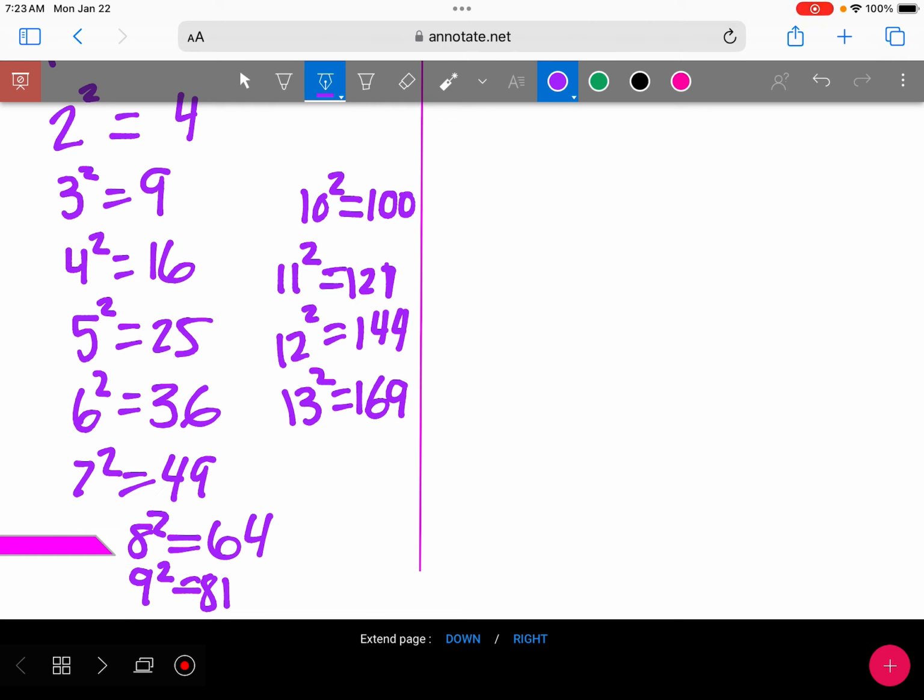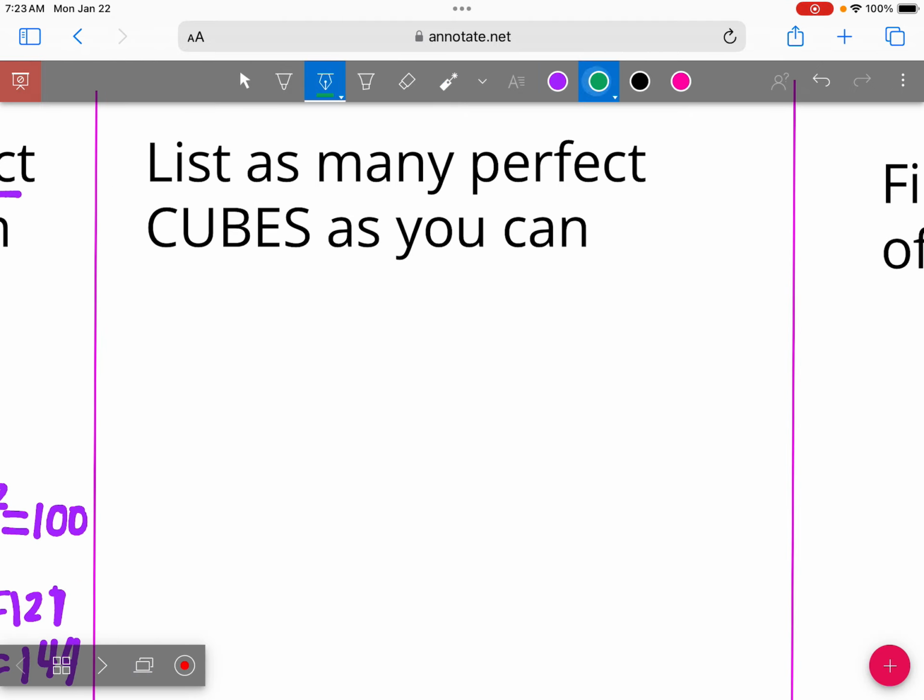Then we're going to do the same thing, but instead of perfect squares, so these are numbers that we squared, we're going to look at perfect cubes, because we're going to deal with all kinds of different roots here. So what about 1 cubed? 1.